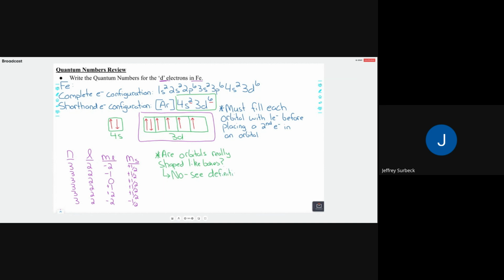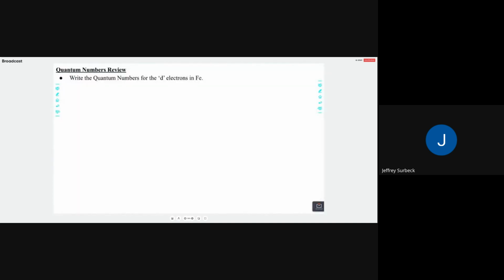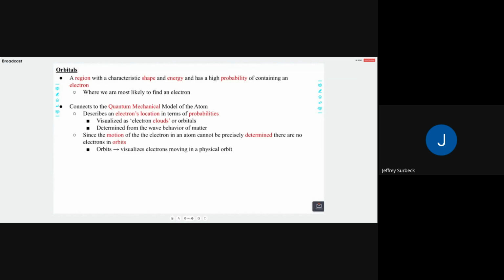Now, again, this was kind of the groundwork for what we can see here. We'll add some information here. We'll continue to go through this, and we will add some info to not our orbital box diagrams, but actually specifically what our orbitals are. So our orbitals are a statistical probability of where we are most likely to find that specific electron.